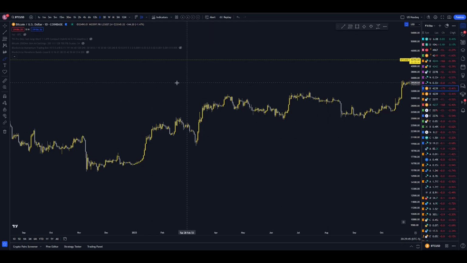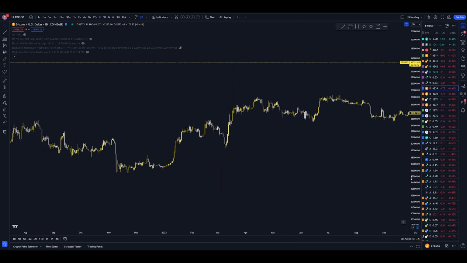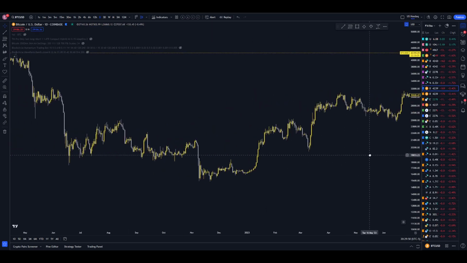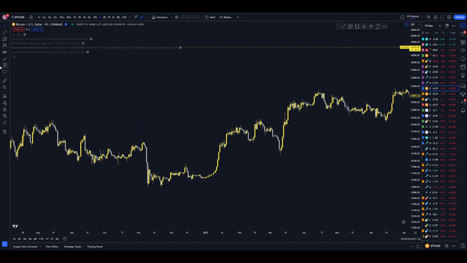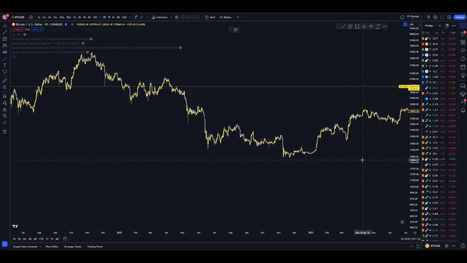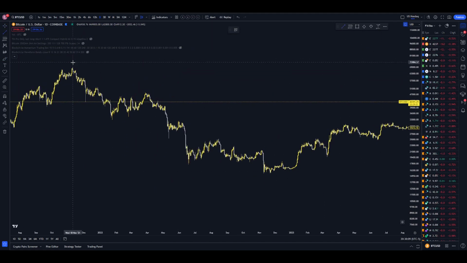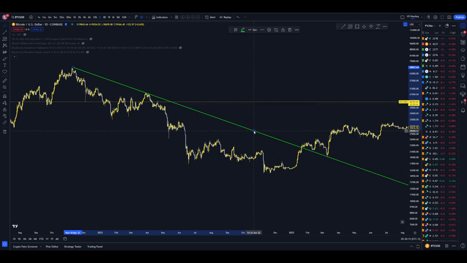Let's look at some actual examples, right? So here we have an existing uptrend, composed of higher highs and higher lows. And here we have, funny enough, this is actually a level that we looked at in the last video, which is connected by this trend line up here, right?